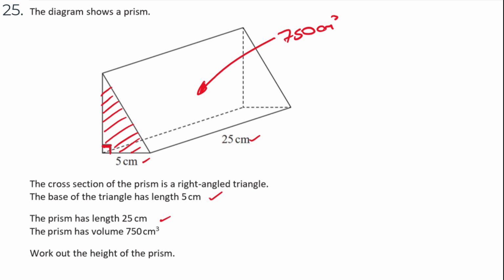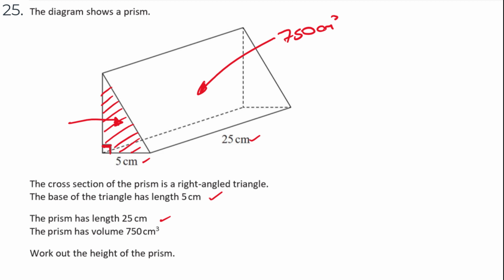Okay, so what we're going to have to do is use the volume of a prism formula because we've got most of the information here, and work backwards to get the height. Now the volume of any prism is cross-sectional area times its length. The cross-section of this shape is a triangle, isn't it?